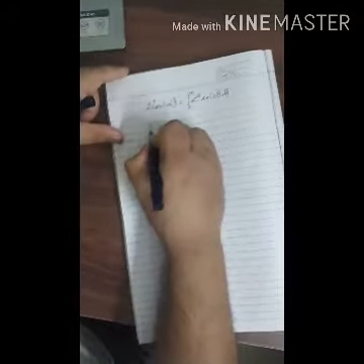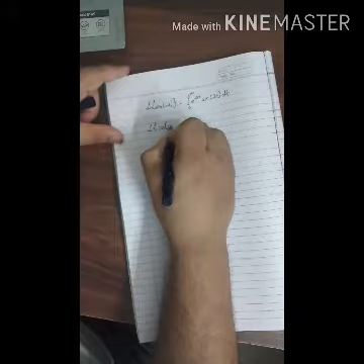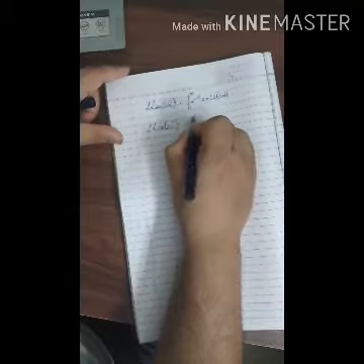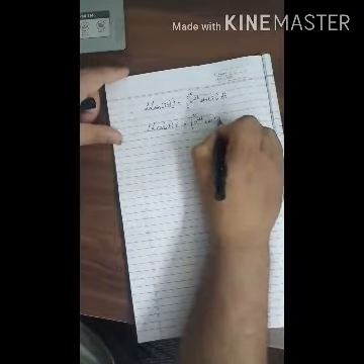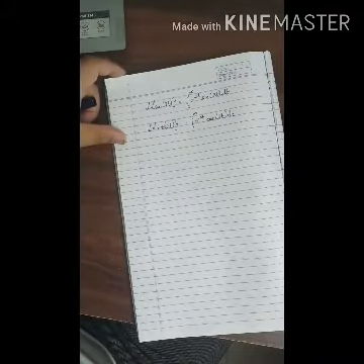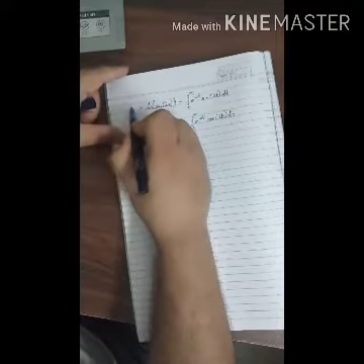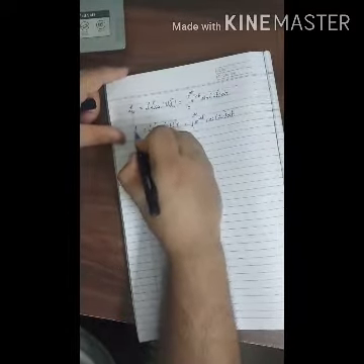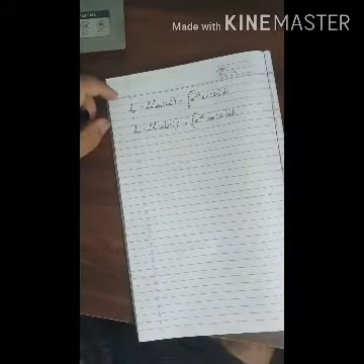Similarly, the Laplace transform of cos of 2t would be the definite integral of e raised to power minus st times cos 2t, with respect to t. For the sake of simplicity, let's write the Laplace transform of sine of 2t as LS, and the Laplace transform of cos of 2t as LC.